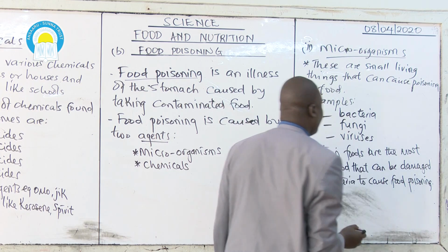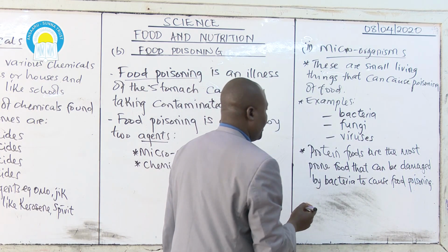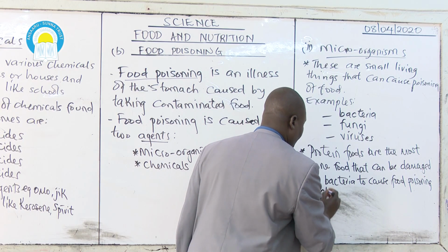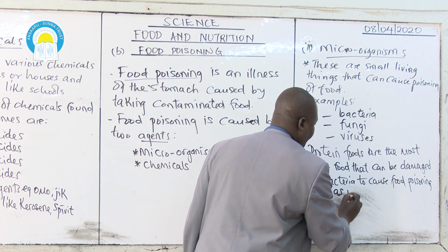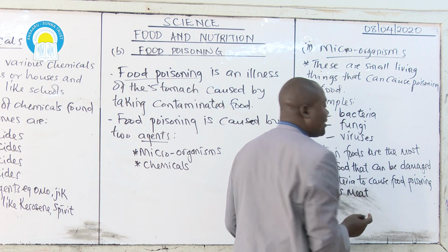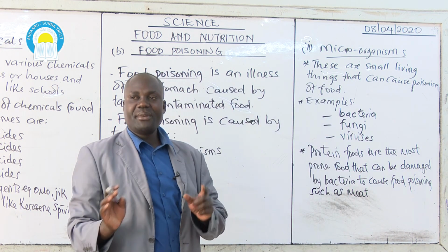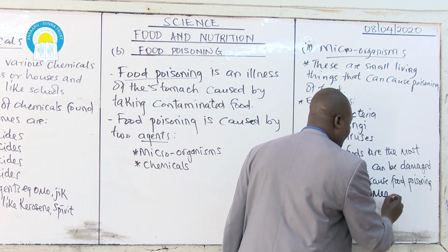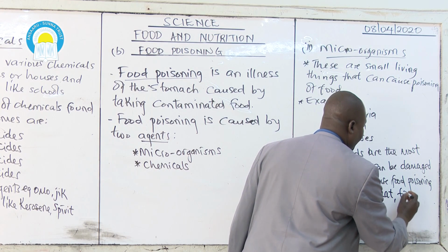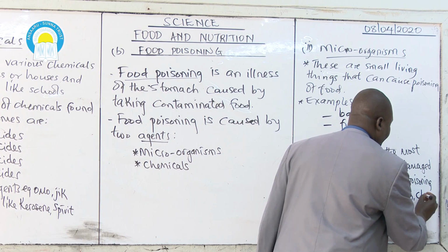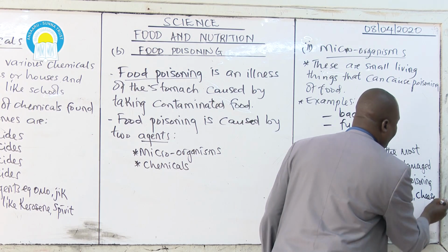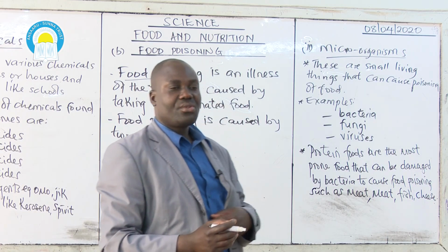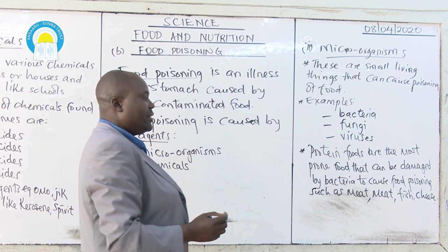Examples are meat: when you leave fresh meat somewhere, it can easily be damaged by bacteria. We may also have fish or even cheese. If they are not well handled, they can easily be damaged to cause food poisoning.